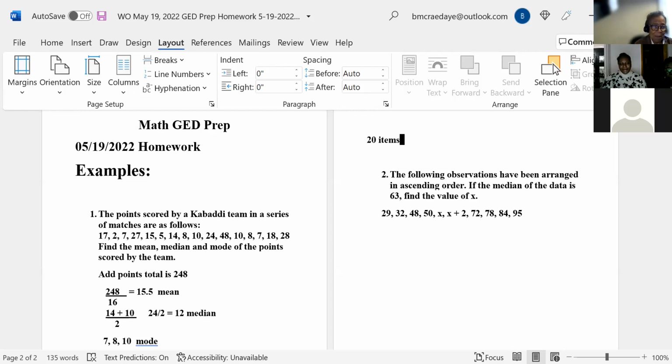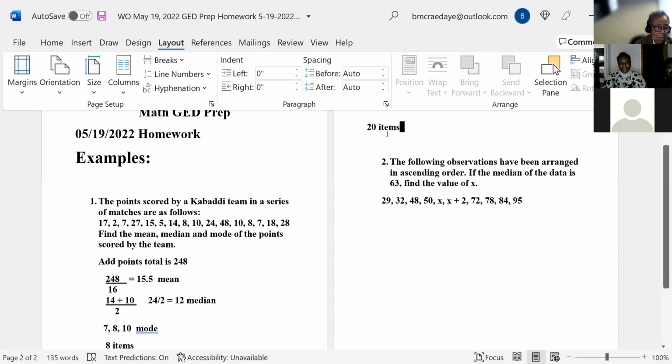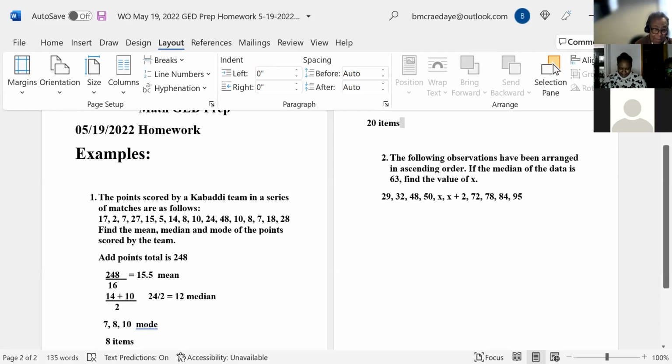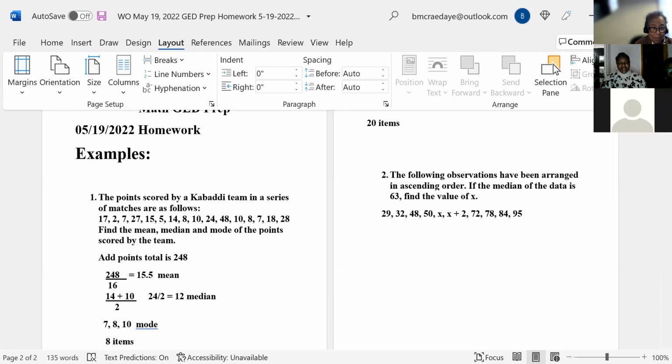Okay, Michelle, let's take another even set. Let's say you have 6 items. That's even. So how many in the front? How many at the end?